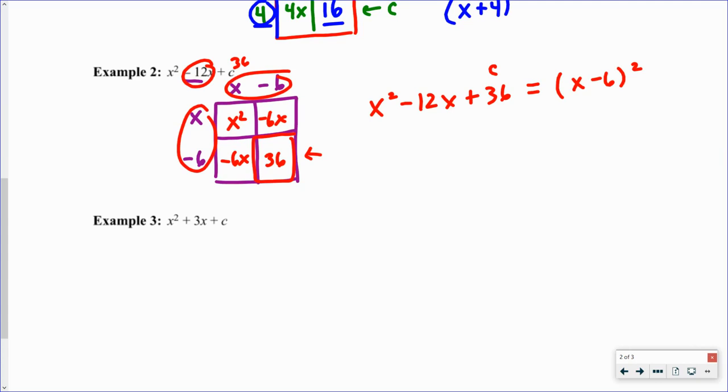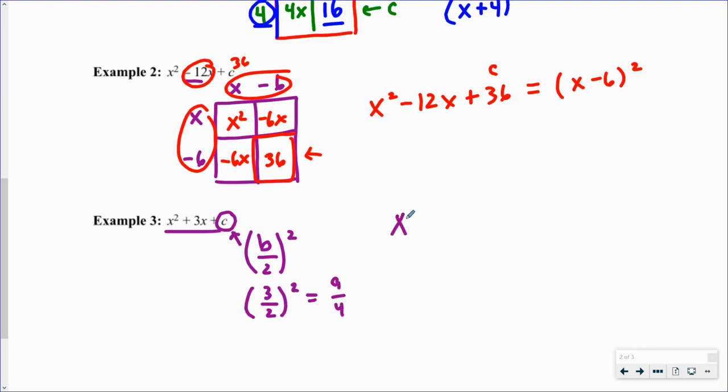Now, again, I'm not going to use the area model first. I'm going to use the rule first, and then I'm going to show you that it works using the area model and why it's helpful to use the area model in a situation like this. So to make this expression a perfect square trinomial, we need a number c that is b over 2 all squared. So b over 2 is 3 over 2 all squared, which is 9/4.